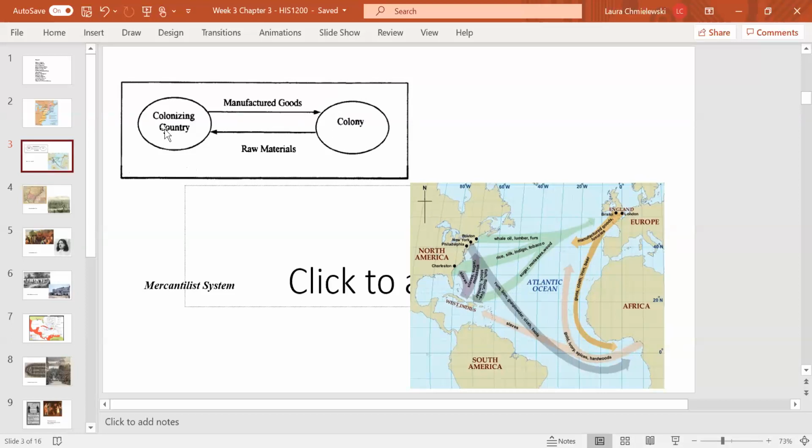In the colonizing country, there are workers there who are going to make these materials into finished products that both people in Europe want and people back in North America who ship the raw goods in the first place want. So there's something good going on here in the sense that it's providing work, it's providing for the birth of industry in the colonizing country.